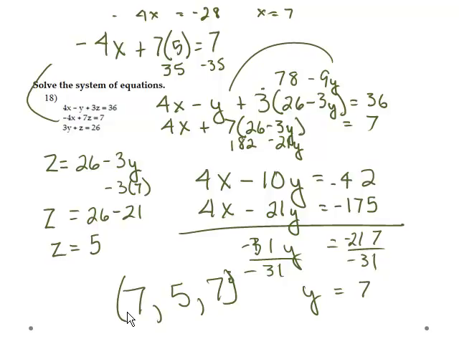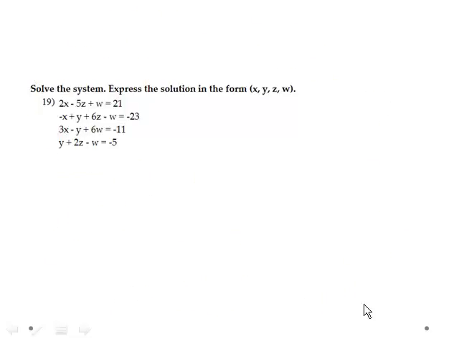Next one. Okay, so now we have a system that has 4 equations and 4 unknowns, so we need to solve it by getting down our number of variables.